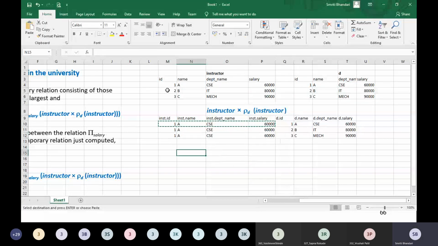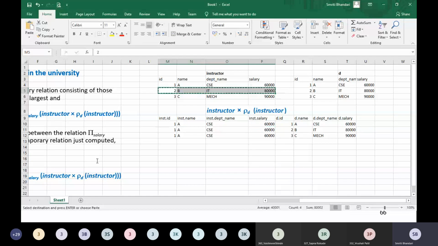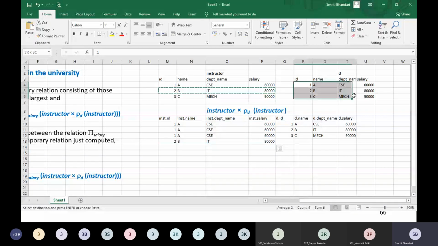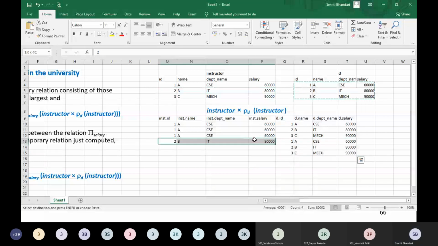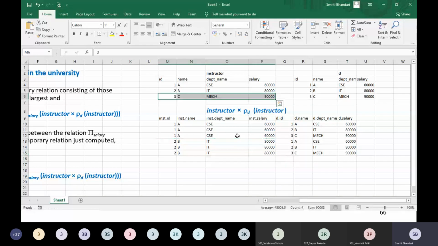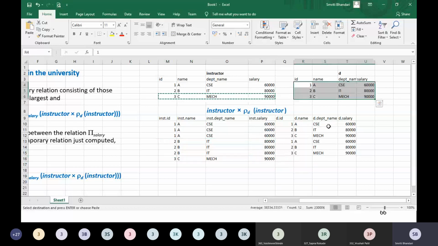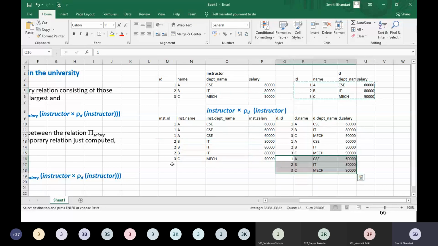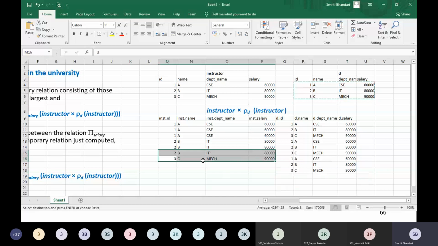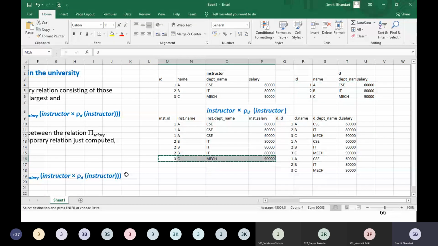Is that correct? Then second tuple from instructor gets paired with all the tuples from D. And here this third tuple will also get paired with all the tuples from D. Correct?